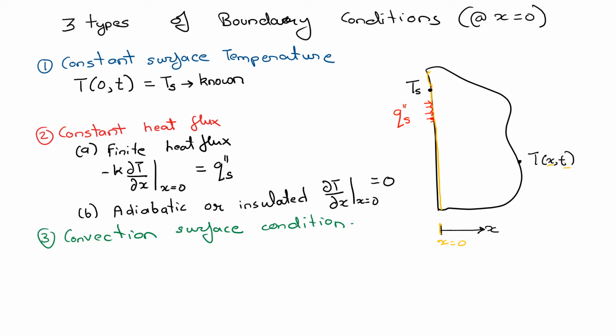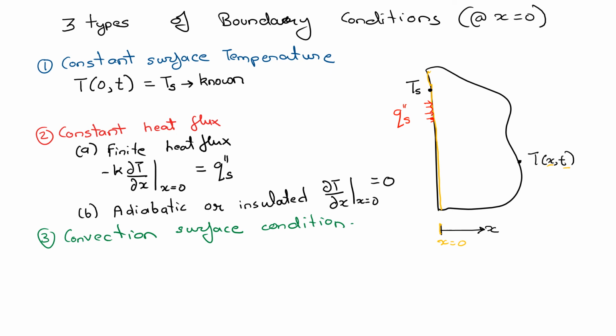The third type is the convection surface condition. For the convection surface condition, your problem may say that heat is being conducted and one of the surfaces is losing or gaining heat via convection. So one of your surfaces may be exposed to ambient conditions, and it may exchange heat with the surroundings via convection.